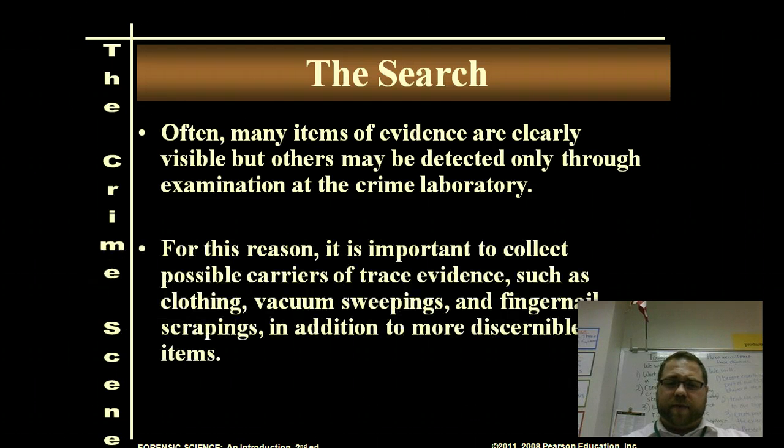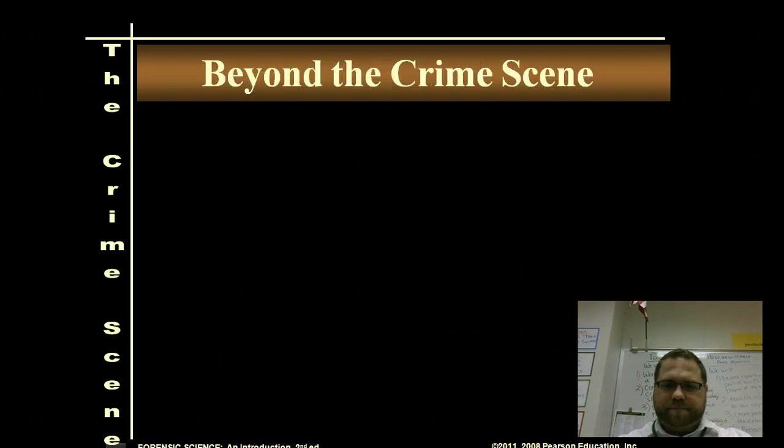So it's important that you gather anything that you possibly can. You'll use things like vacuum sweepings and fingernail scrapings; anything needs to be bagged up and taken. We'll talk later about some of the methods, because obviously the way you would handle a gun is different from the way you would handle a swab of someone's mouth.